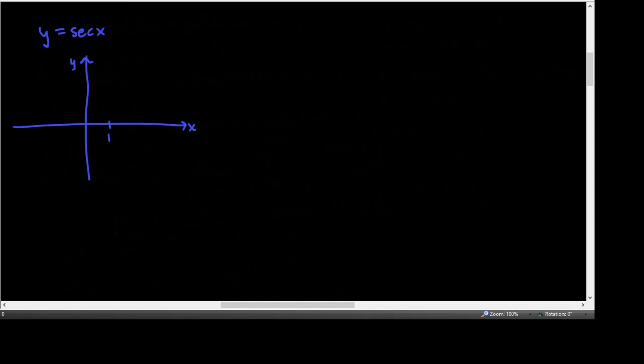And again, it's like the second or third time through, you might find it useful to pause and see if you can do this correctly by yourself first, and then listen and see if you were able to capture everything that's needed. You may capture some, you may capture all, but at least give it a try. Okay, so this one has vertical asymptotes at odd multiples of pi over 2.